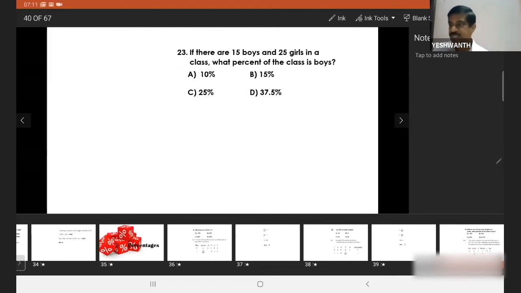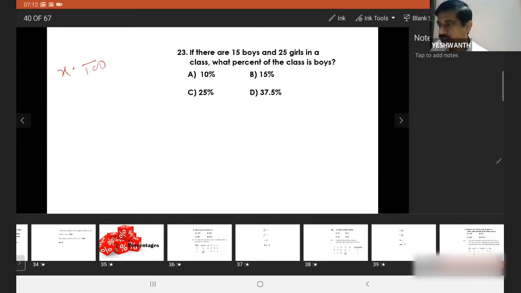Look at this. If there are 15 boys and 25 girls in a class, what percentage, what means X, percentage of means multiplication. That X and this gets cancelled, so dot will put. What percentage of the class is boys? So what percentage means by 100.